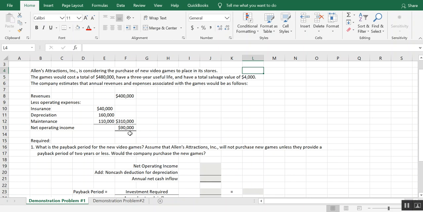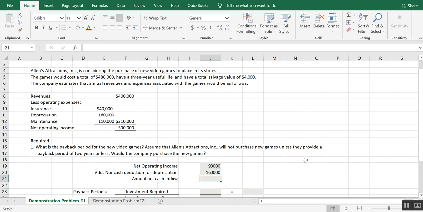So the first thing they want to know is, what is the payback period for the video games? And you assume that Allen will not purchase new games unless they provide a payback period of 2 years or less. So really what we want to do is take this net operating income of $90,000, and we're going to add back the non-cash deduction for depreciation.